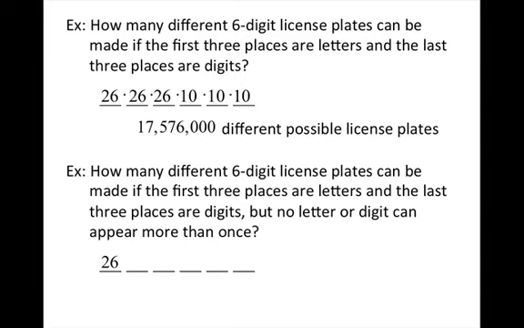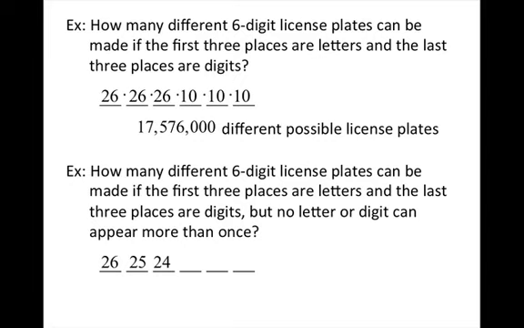For my second letter, I have the 26 letters of the alphabet, but I can't use the same letter that I just used. So I only have 25 left to choose from. For my third letter, I can't use any of the previous 2 letters. So I have 24 letters left to choose from.